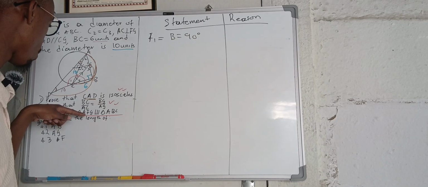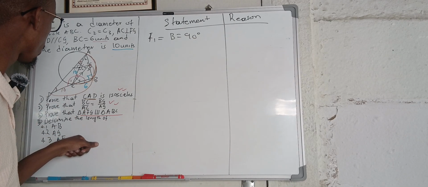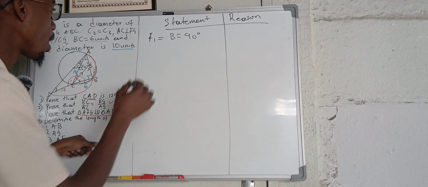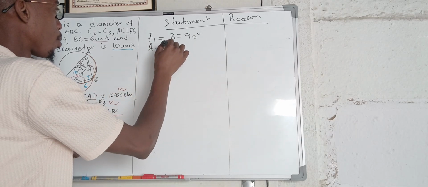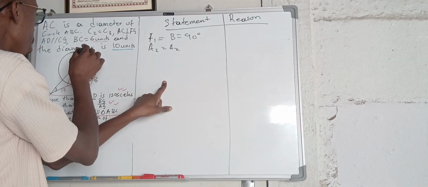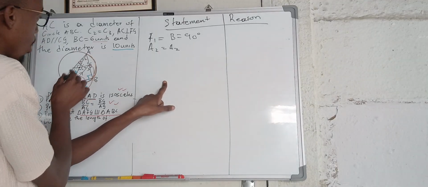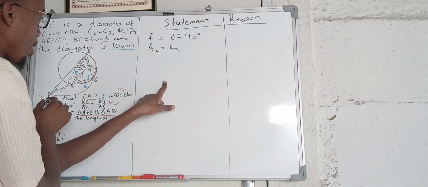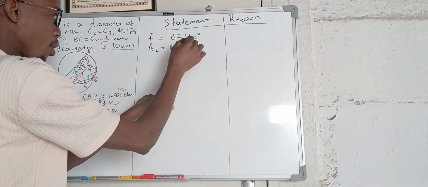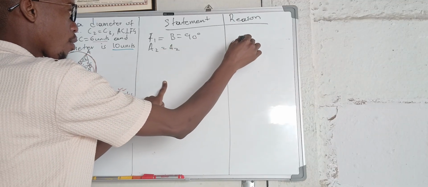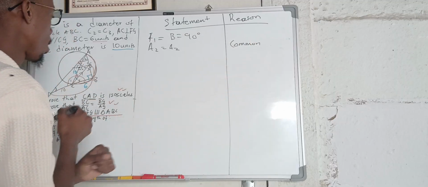In triangle AFG, A2 is a common angle. It is equal to A2 in the other triangle. We have A2 in triangle ABC, and again in triangle AFG we have A2, so it is common. Cool.